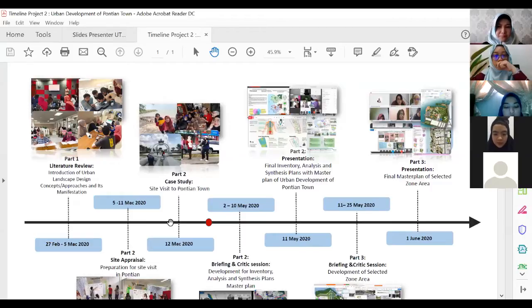So each student has their own concept or aspect given by the lecturers, such as green city, livable city, landscape urbanism.